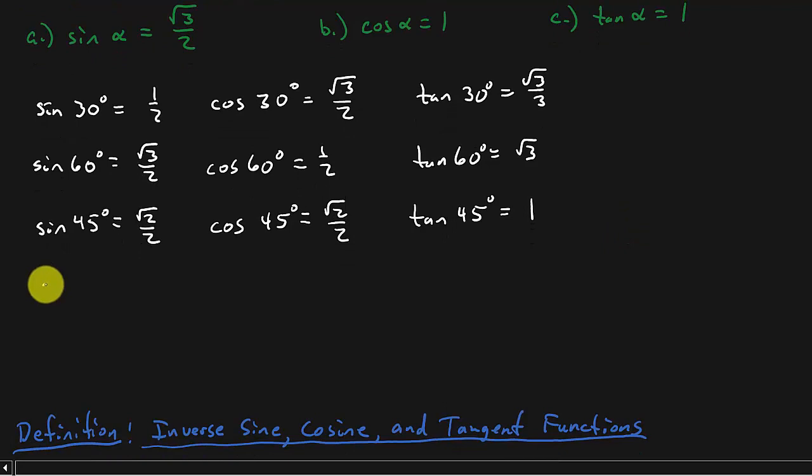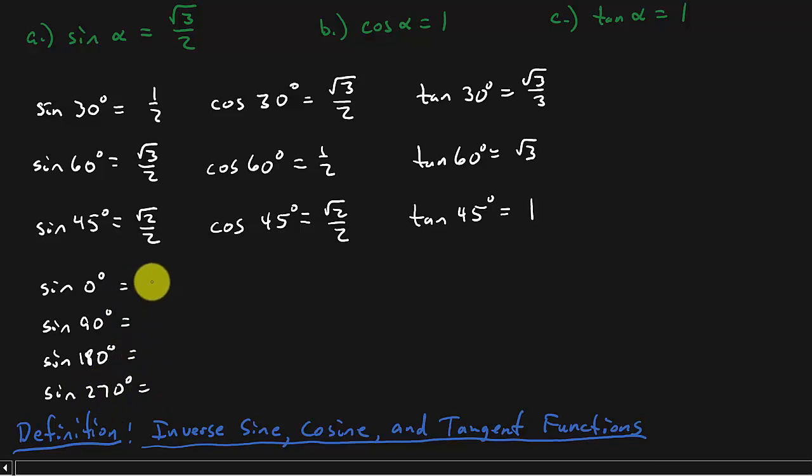And then we also need the sine of 0 degrees, the sine of 90, the sine of 180, and the sine of 270. You need to memorize all of these.